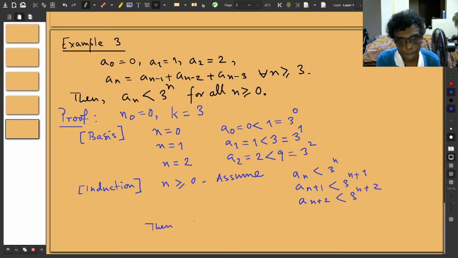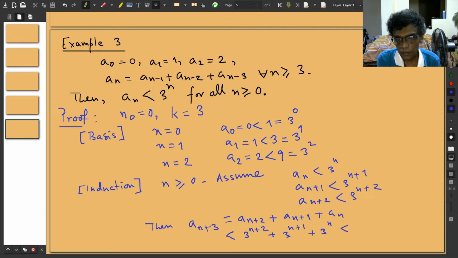Then A n plus 3, which is nothing but the sum of the three previous terms, A n plus 2, A n plus 1 plus A n, is less than 3 power n plus 2, second one is less than 3 power n plus 1, third one is less than 3 power n, but 3 power something is an increasing function of n, so this is less than 3 power n plus 2, 3 power n plus 2, 3 power n plus 2, which is equal to 3 times 3 power n plus 2, which is equal to 3 power n plus 3. So that completes the inductive proof.